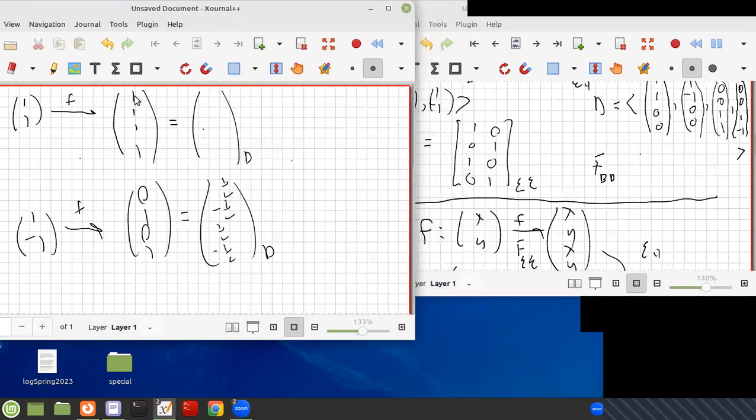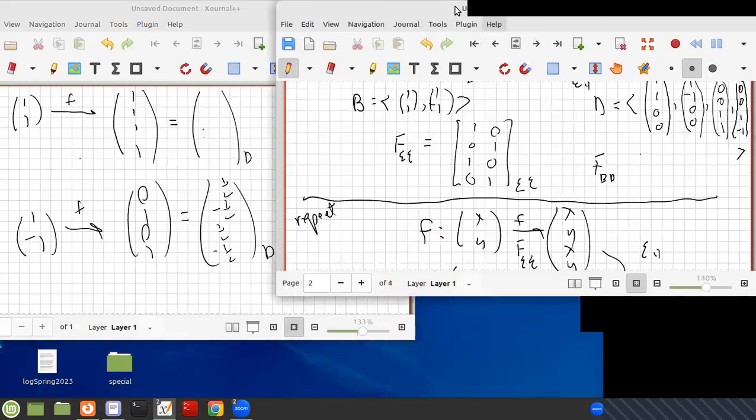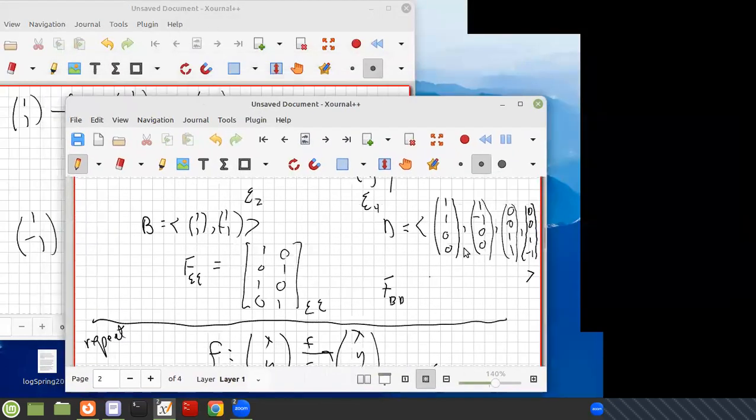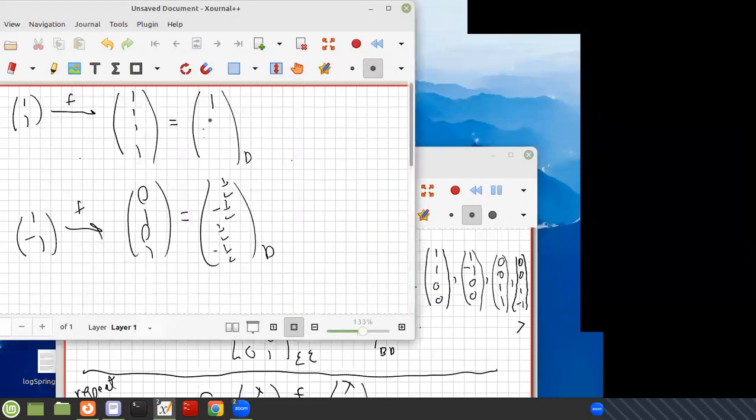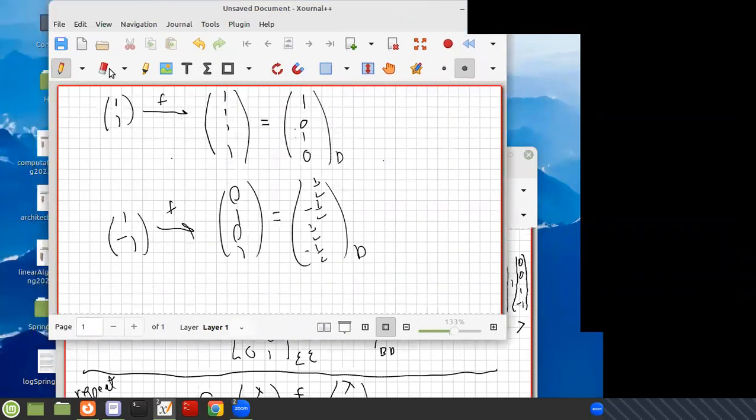Because then the image is 1, but then I go back to basis D, right? That is 1 for this one and 1 for this one, because I've got 1, 1, 0, 0 and 0, 0, 1, 1. So this is going to be 1, 0, 1, 0. And then down here, 1 minus 1.